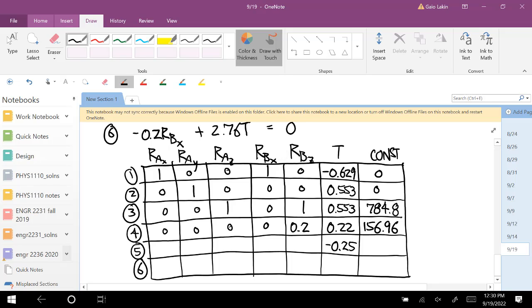And the constant is negative 274.68. All right. And 6. RBX is negative 0.2. And T is 2.76.